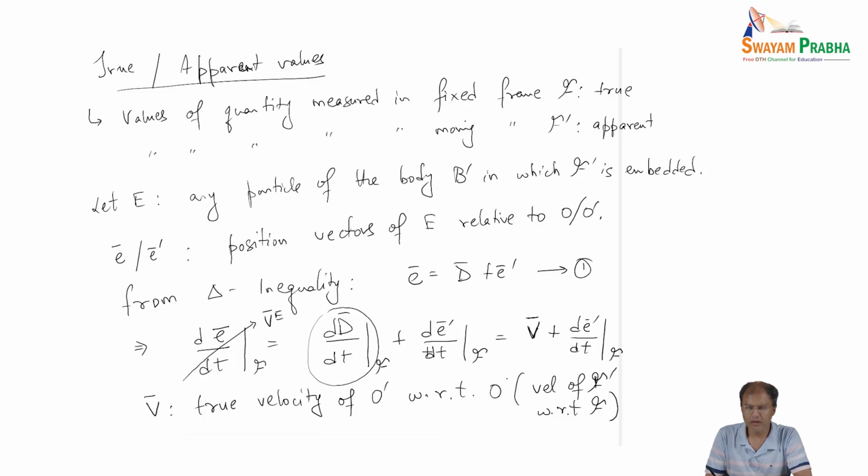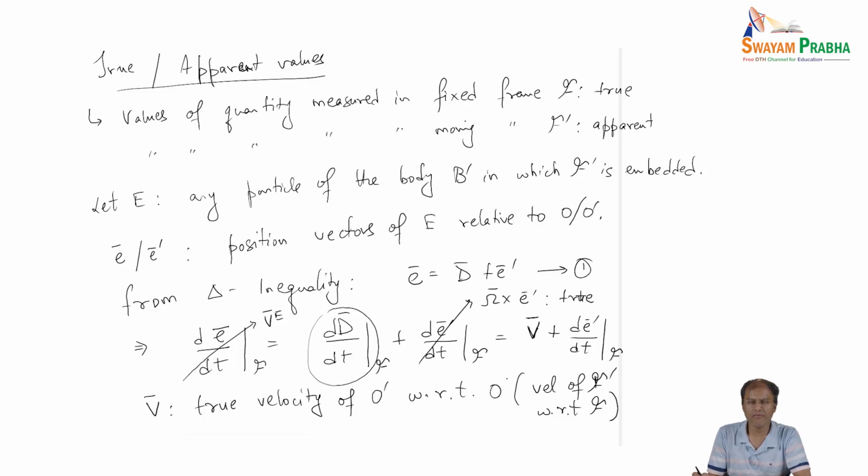The only quantity that we expect to have within the body fitted frame is that this dE prime/dt is going to be omega cross E prime, right? And this is the true rate of change.